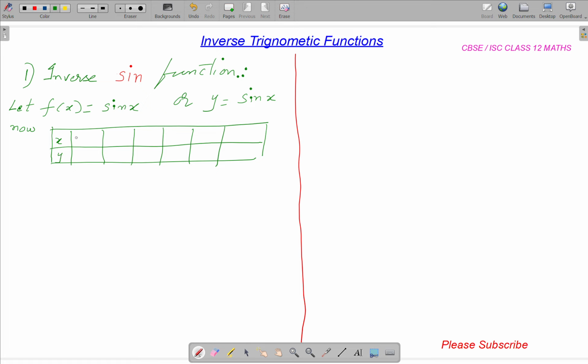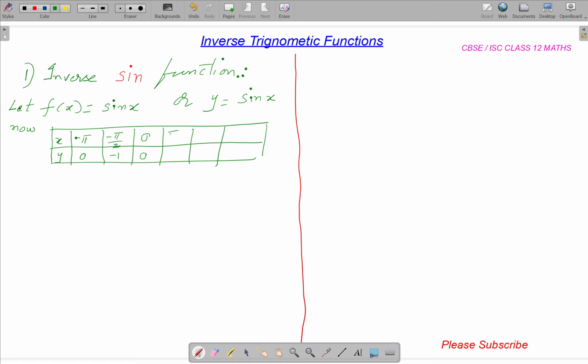When x is equal to minus pi, y is equal to 0. X is equal to minus pi by 2, y is equal to minus 1. X is equal to 0, y is equal to 0.